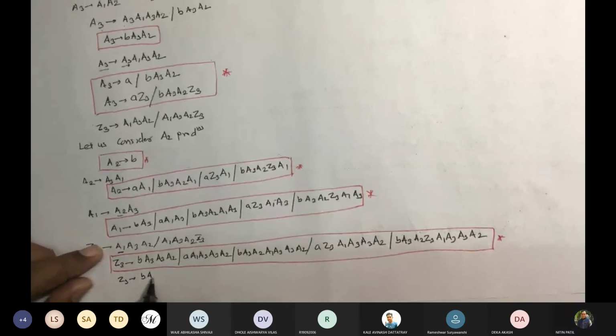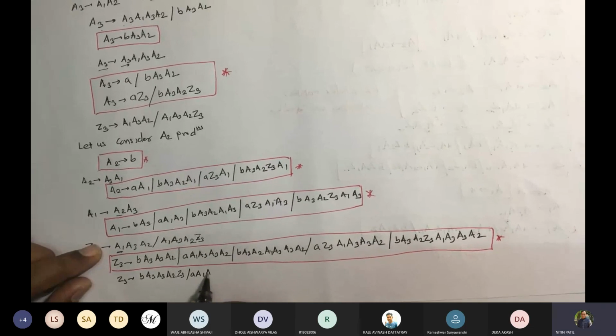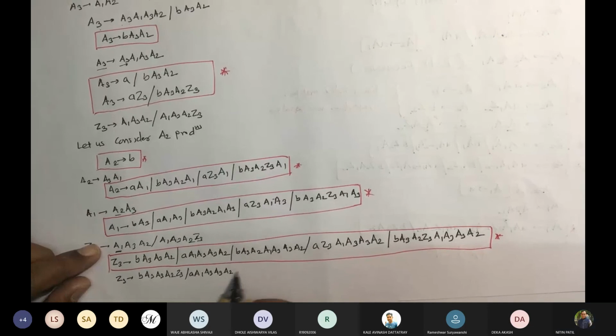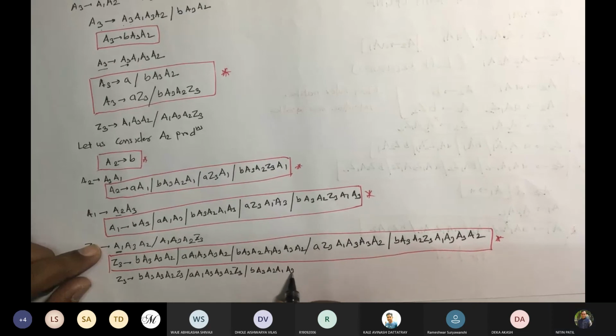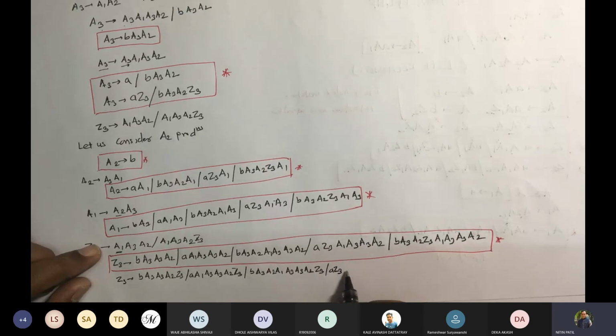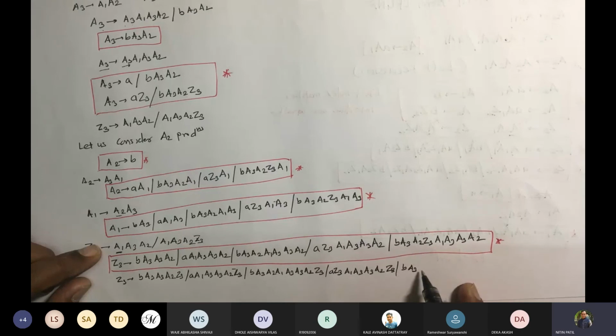Z3 gives B A3 A3 A2 Z3, A A1 A3 A3 A2 Z3, B A3 A2 A1 A3 A3 A2 Z3, A Z3 A1 A3 A3 A2 Z3, B A3 A2 Z3 A1 A3 A3 A2 Z3. ठीक है.